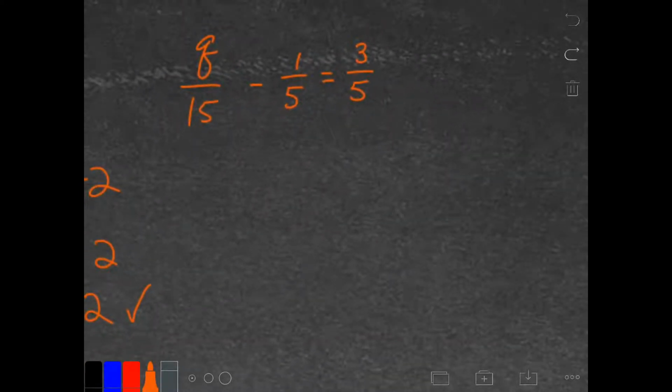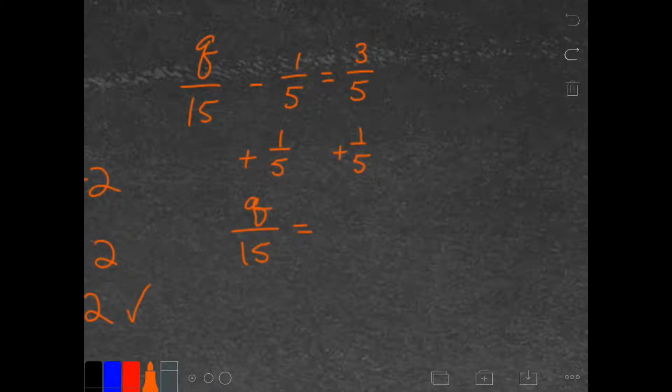Well, how about this one with some fractions? Hey, just like any other problem, don't let the fractions spook you. Let's go ahead and undo the subtraction by adding 1/5 to both sides. On the left-hand side, that's going to leave me with q over 15 equals, well, 3/5 plus 1/5 is 4/5. Then I'm going to go ahead and undo this division by multiplying both sides by 15.